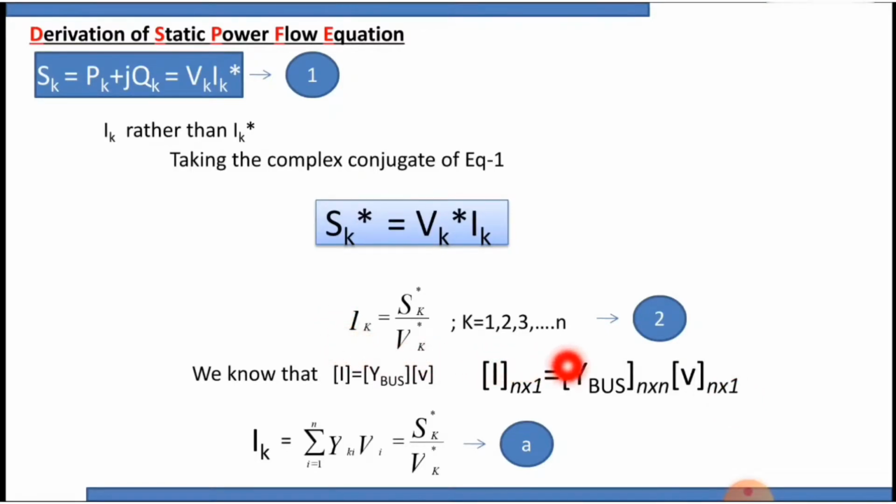We have to represent it as the sum over i equal to 1 to n of Yki Vi. That value is equal to Sk conjugate by Vk conjugate. Let it be equation number A.